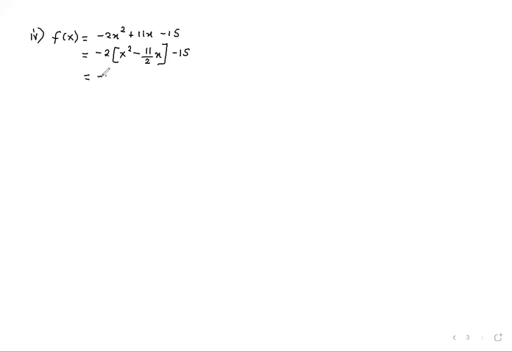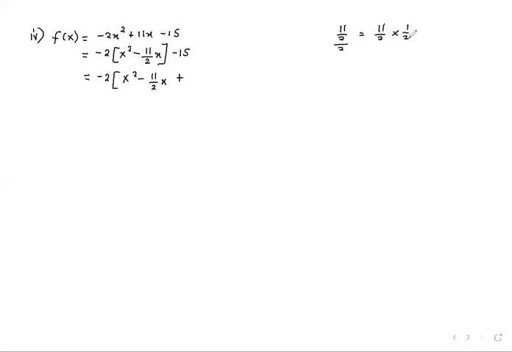From there, negative 2, and then x squared minus 11 over 2x plus, get 11 over 2 divided by 2. The easiest way of doing this is getting 11 over 2 and multiplying it by half.